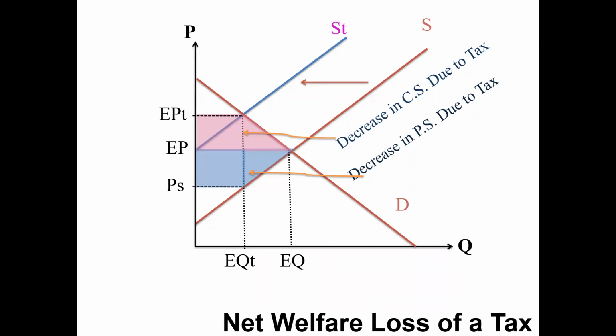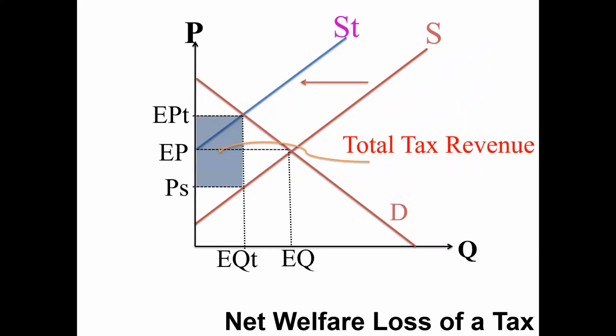Because government can earn tax money. We see how the government benefits. This is the total tax income of the government, right? The tax income is only this area. Out of that, this upper part is paid by consumer as tax. The below part is paid by producer.